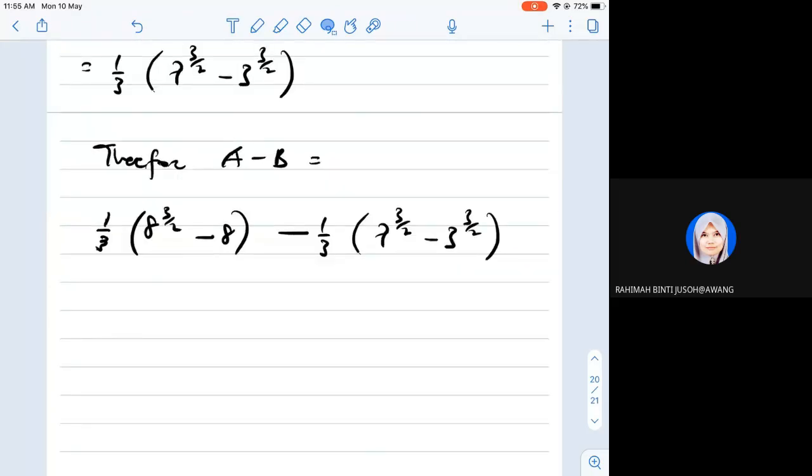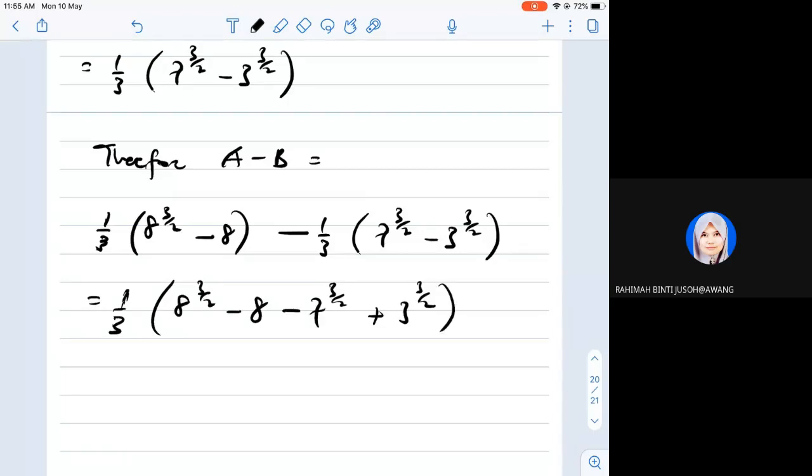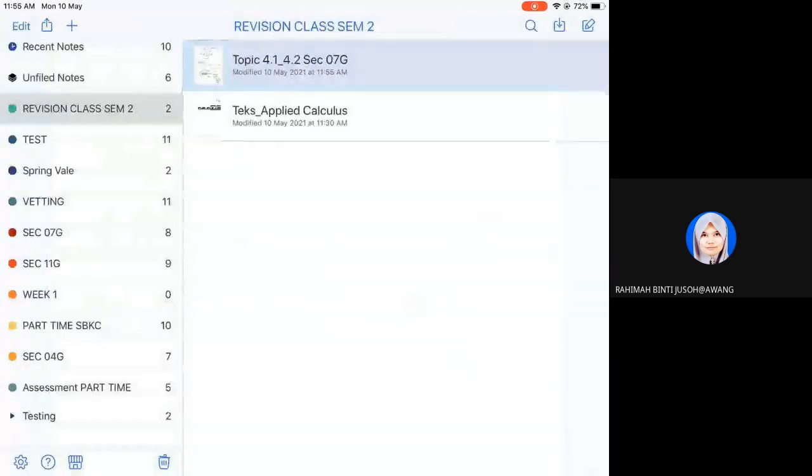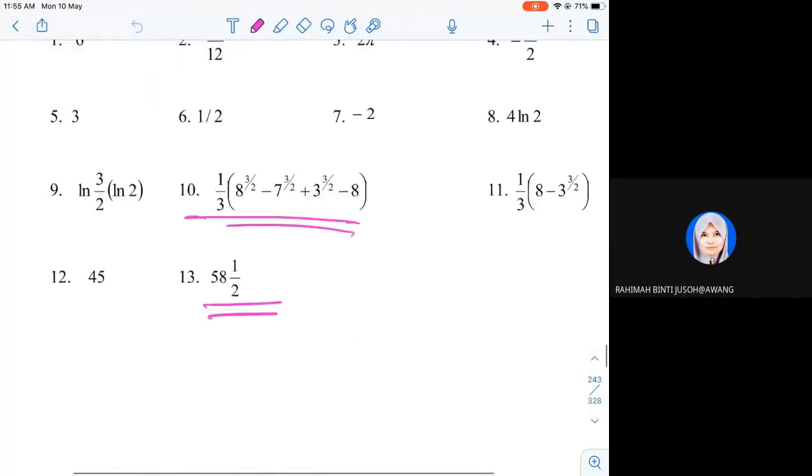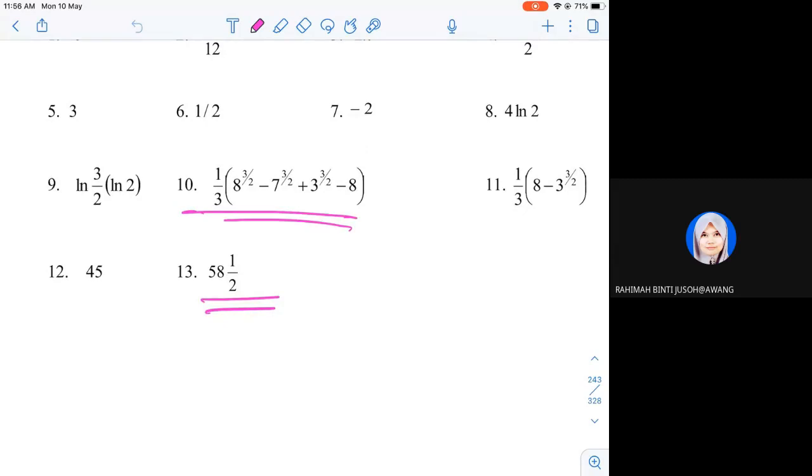So, kita akan dapat samalah dengan 1/3, 8 kuasa 3/2 tolak 8 tolak 7 kuasa 3/2 tambah 3 kuasa 3/2. Betul ke tak ni? Main panjang ni. Soalan nombor apa tadi? Nombor 10. Question number 10. Betul kan? Ya.